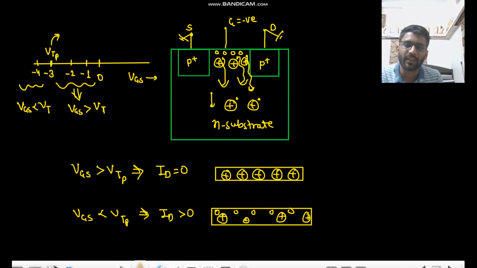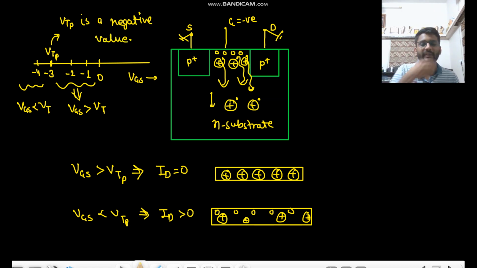So here we can write VTP is a negative value. So if VGS is greater than VT, your current is 0. If VGS is less than VTP, your current is finite. So what else you can write here is that your VSG is less than mod of VTP.